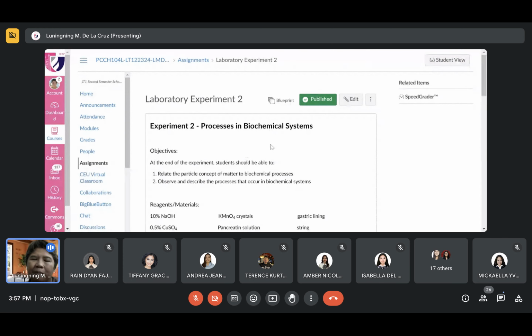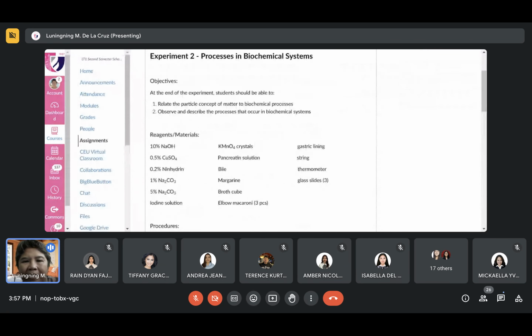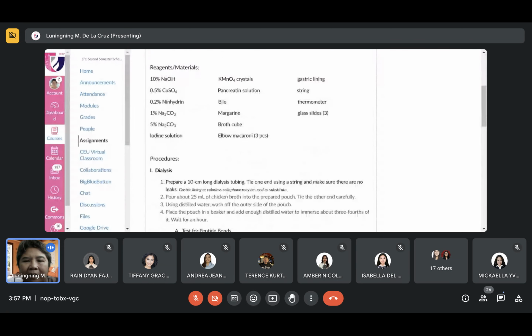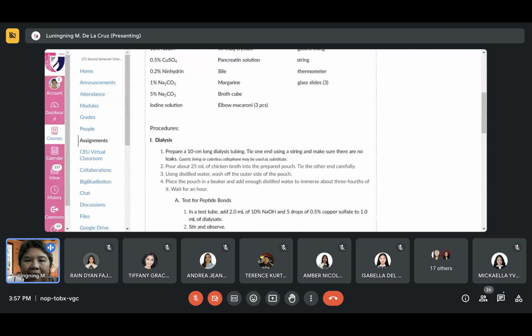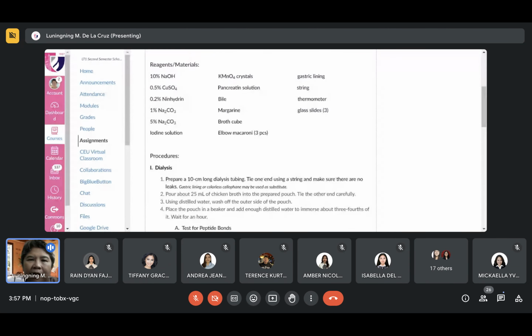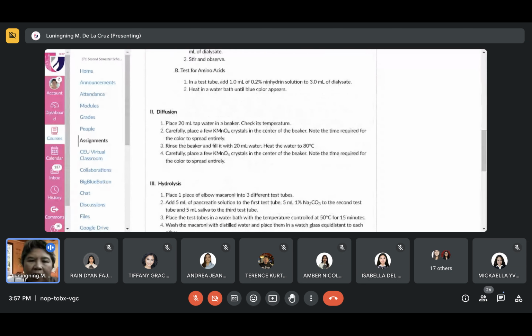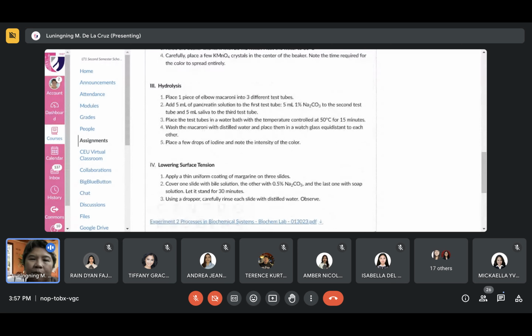Yan, eto. We will be performing laboratory experiment 2 on Monday. Processes in a biochemical system. Dialysis. You will bring what? You will bring plastic bags for our dialysis, diffusion, hydrolysis. So you need to bring isa lang ha, wag madami.